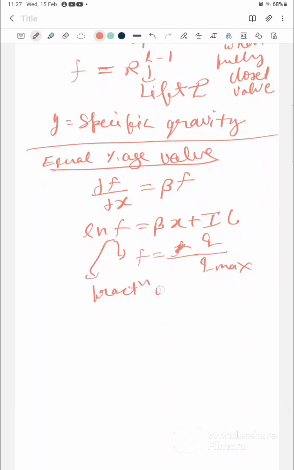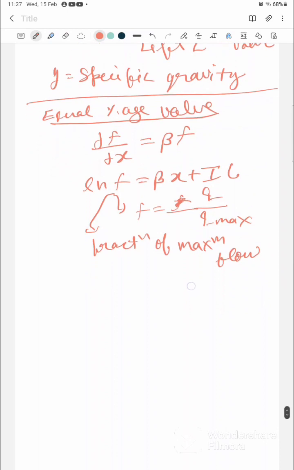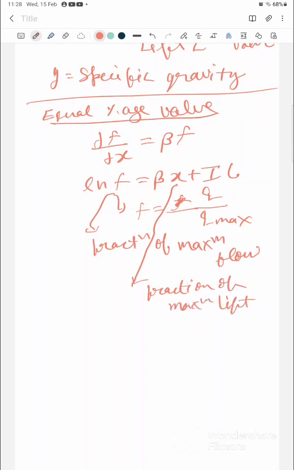Fraction of maximum flow, fraction of maximum lift.